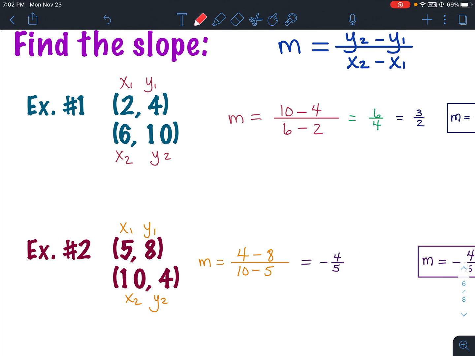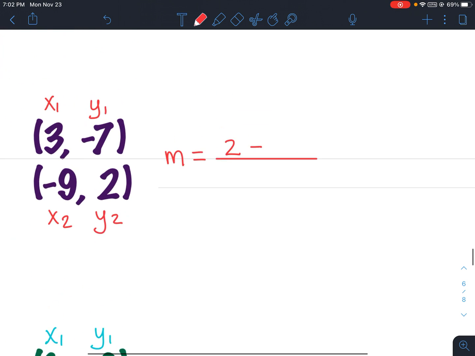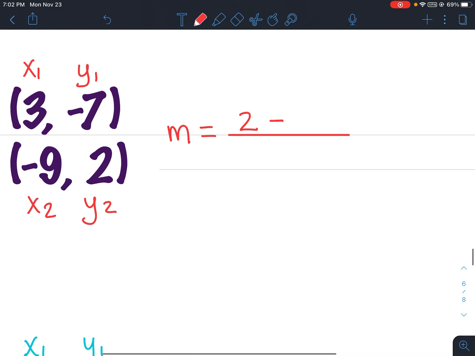So it's just minus the number. But this time I have a negative. Don't put just 7 because that's 2 minus a positive number. I have to put 2 minus -7. On the bottom, we have x2, which is -9, minus x1, which is 3.